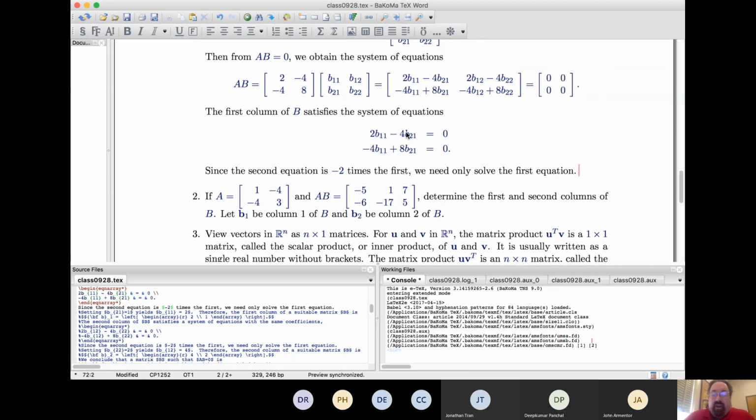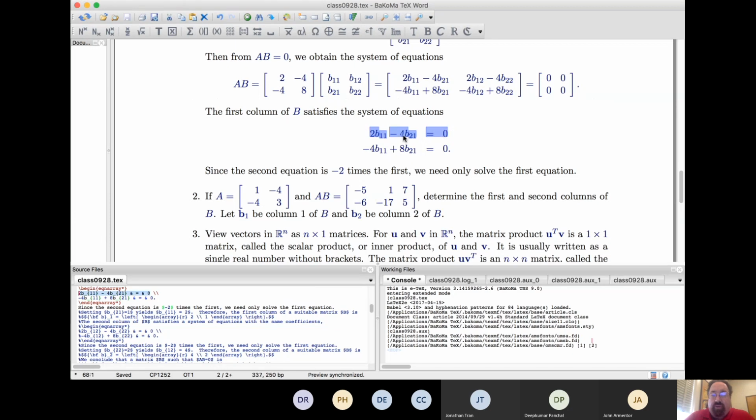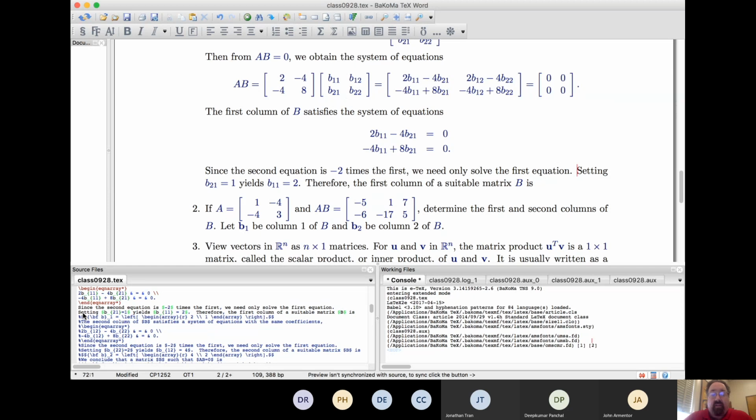Now, if I have 1 equation, but 2 unknowns, I have a free variable. So I can, for instance, designate B21 as a free variable. So let's go ahead and set it to 1. All right.